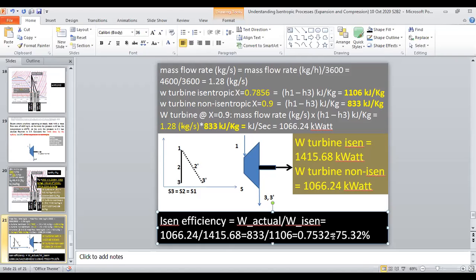That's why I will share with you, when you do the modeling of the compressors and all, this isentropic efficiency is important. I will show you one example.